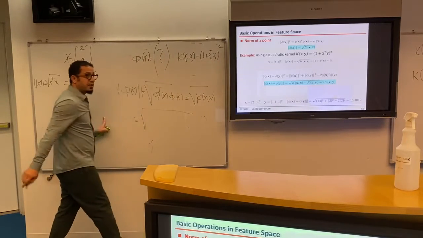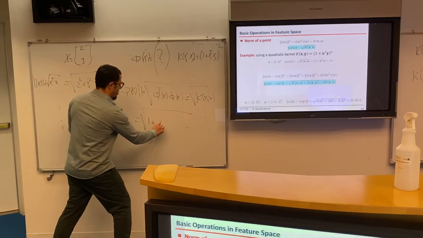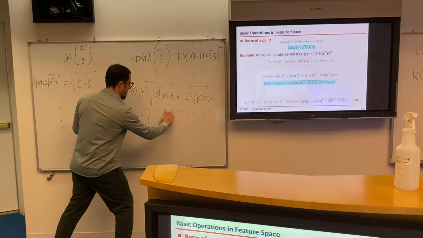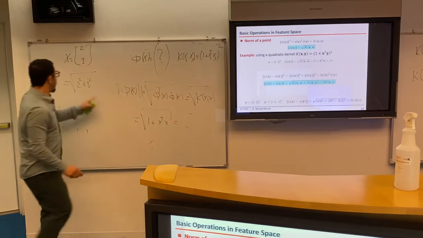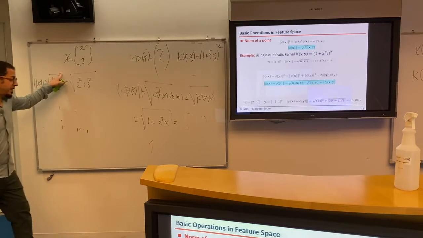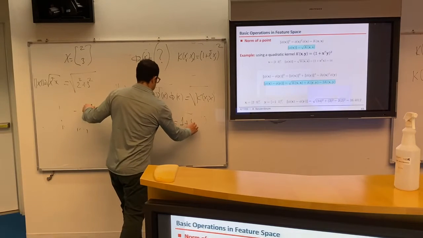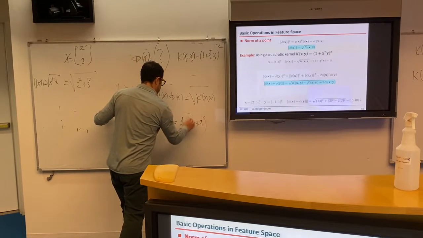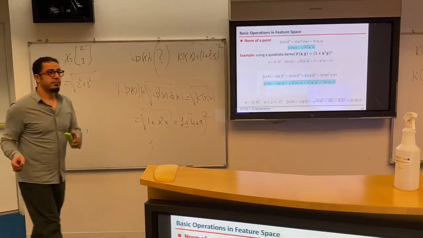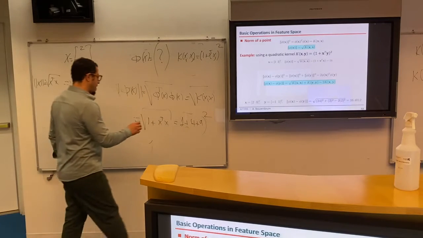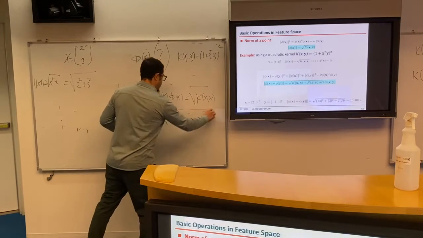Okay? And how to find the kernel? I'm using the quadratic. What is it here, please? 1 plus x transpose x. What is x in this case? In this example it is 2, 3 times 2, 3. What will be here? 1 plus 4 plus 9, the whole square. Sorry, under the square root, what will be here, please?